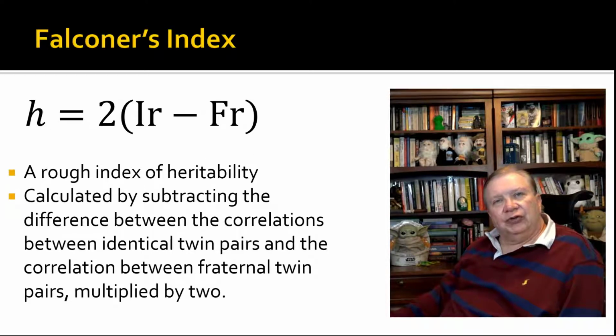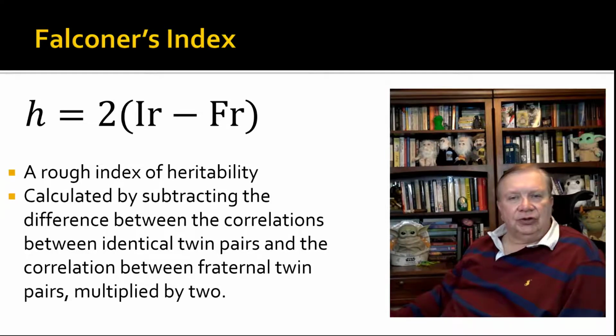A more useful calculation of heritability that we're going to use in this class, it's also in your textbook, is Falconer's Index. Falconer's Index is simply heredity equals 2 times the difference between correlations between identical twin pairs and fraternal twin pairs.